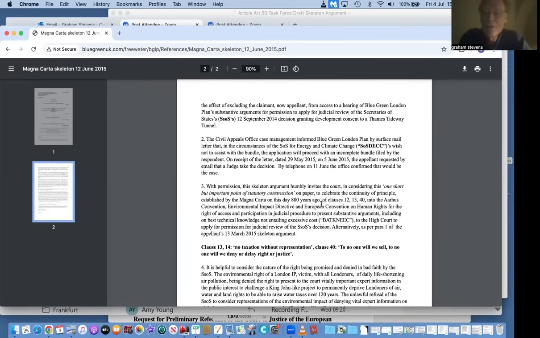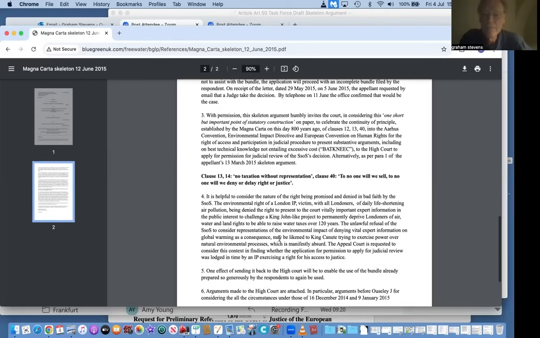We celebrate the continuity of principle established by the Magna Carta on this very day, 800 years ago, and continued into the Aarhus Convention for participation in law, Environmental Impact Directive and European Convention on Human Rights, for example. The right of access and participation in judicial procedure, including Batnik.